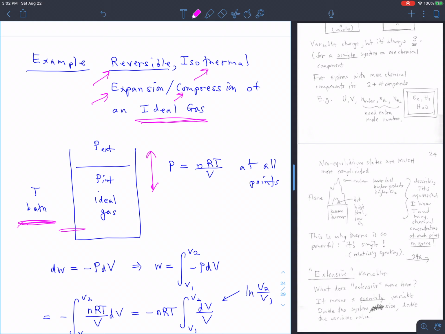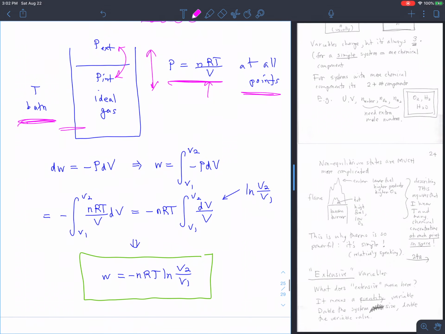Since this is reversible, I'm going to make use of the fact that the internal pressure and the external pressure have to be the same. Saying it's an ideal gas lets me know what the pressure on the inside, and therefore also on the outside, is, because I can use the ideal gas law, PV equals nRT, or P is equal to nRT over V. And that's going to be true at all points during the course of the process.